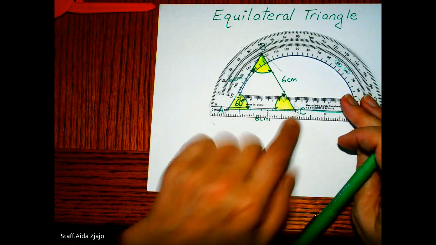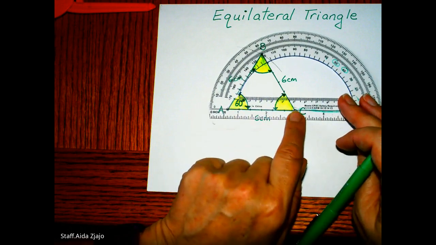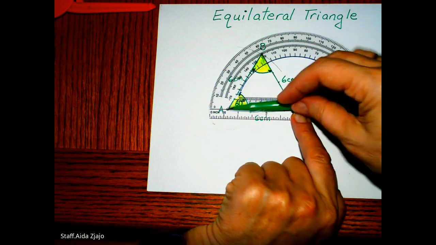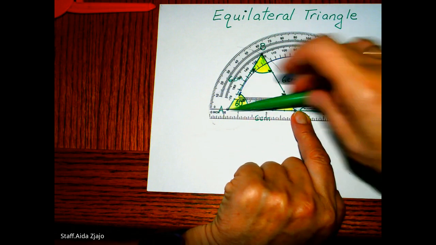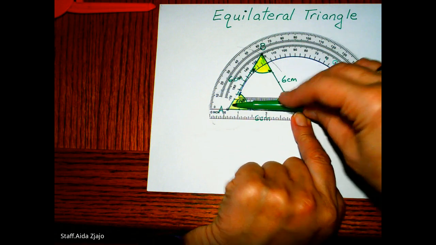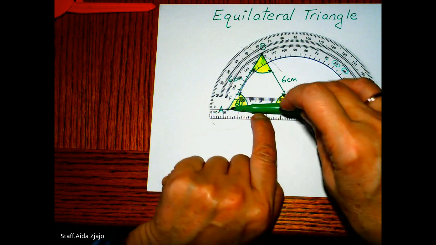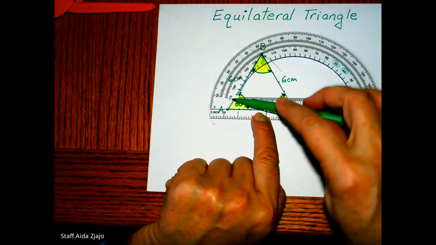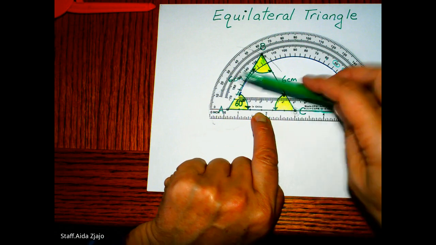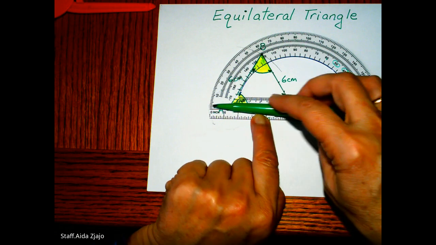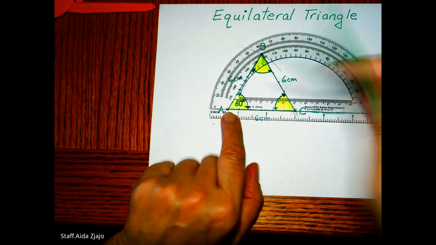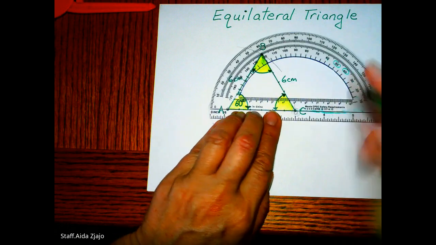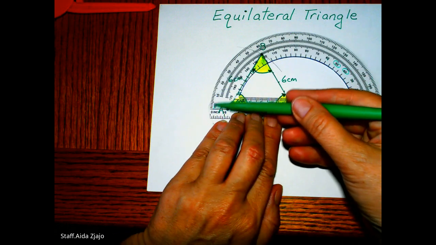So my center will be the center of a circle, and I will find the line that is parallel to the CA segment. But this time I will look at the outside measurements, because inside it says 170. So that's not it, I'm looking for which line says 0. So I'm going to go to the 0 and all the way up.